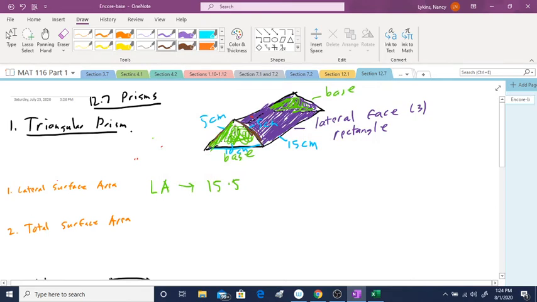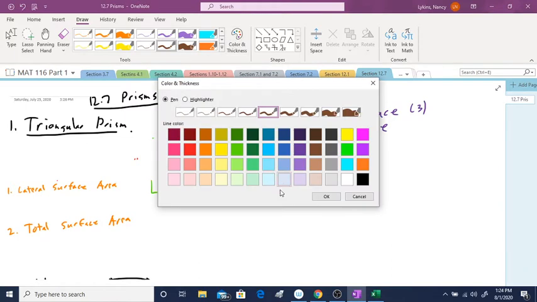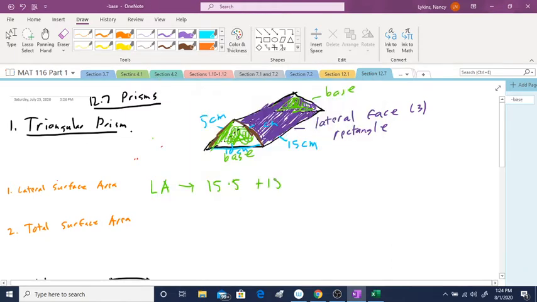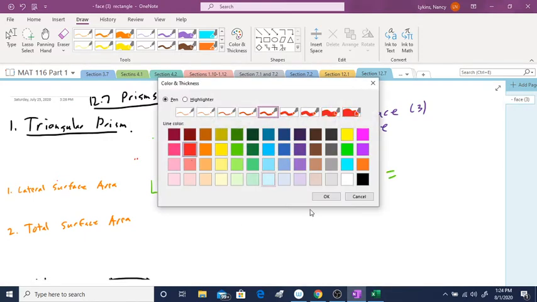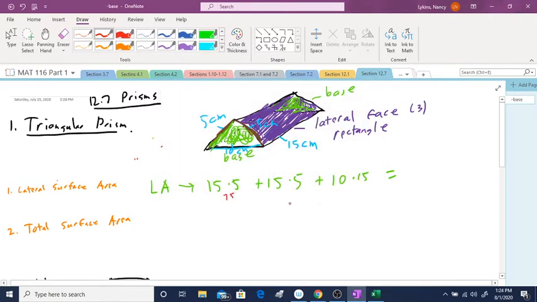Both of these are the same. But I also have the bottom is a 10 and it goes long ways by 15. So this is 75, this is 75, and this is 150. So when you add these together, this should be 300. And since we're dealing with centimeters and it's an area, it's squared.